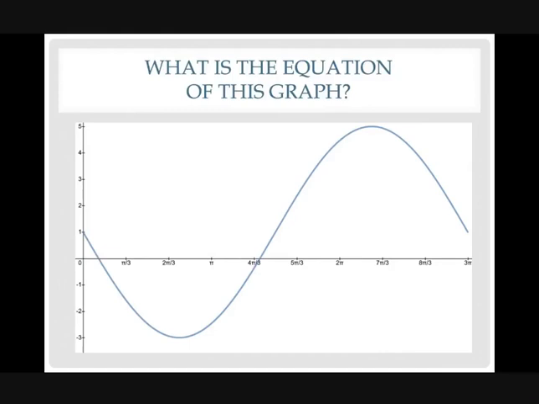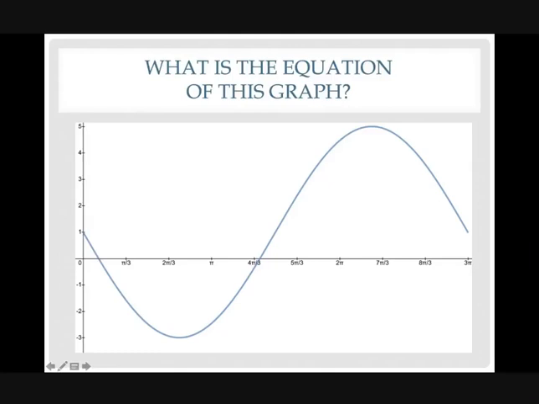And what would be the amplitude? Well, if the midline is the line y is equal to 1, and it has a height at 5, the amplitude is 4. But notice how it's flipped down. So this would be y is equal to negative 4 sine of, how can we determine what the frequency is?